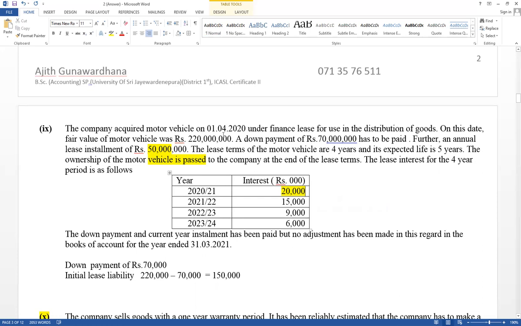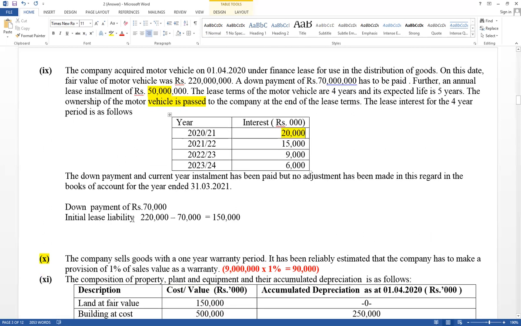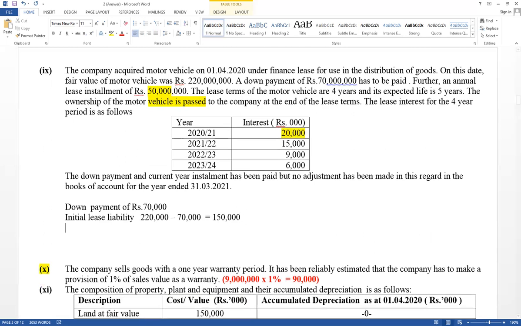Therefore, as a right of use asset, you have to consider 220,000. Right of use motor vehicle equals 220,000.